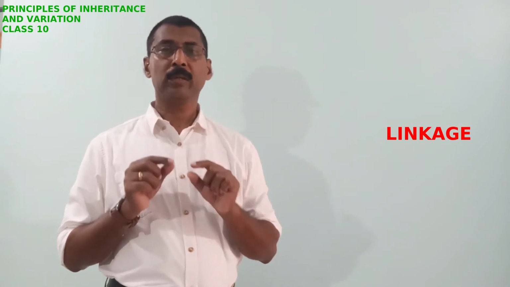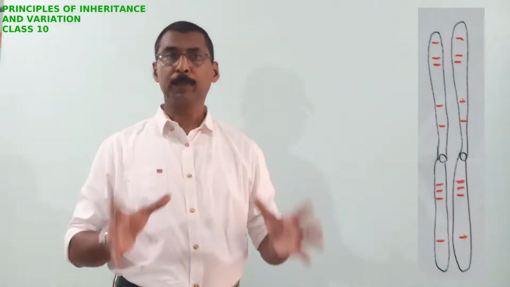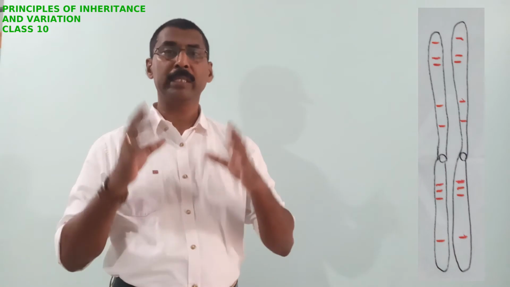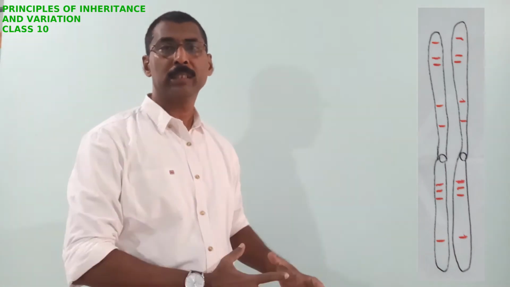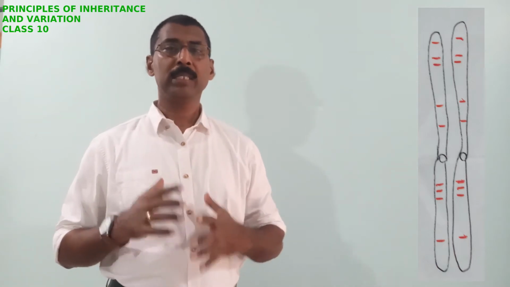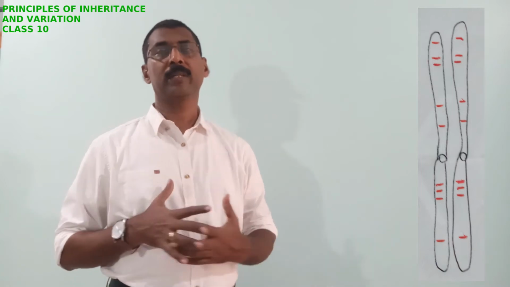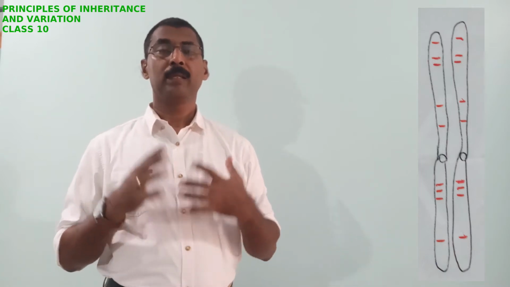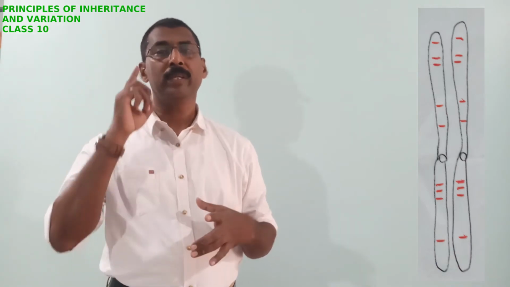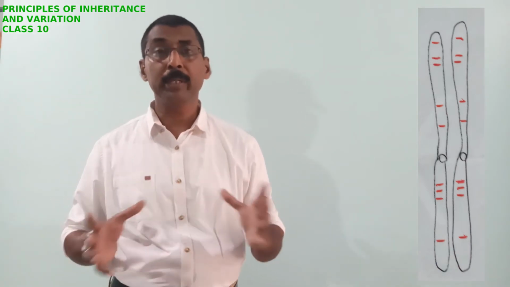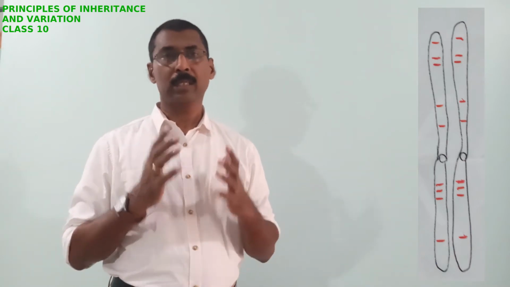All these genes located on the same chromosome are called linked genes, and the group of genes located on the same chromosome is the linkage group. They tend to inherit together. So as they tend to inherit together, generation after generation, the parental combination always remains very high because they cannot be separated or assorted. So that is what we had seen in the last class.